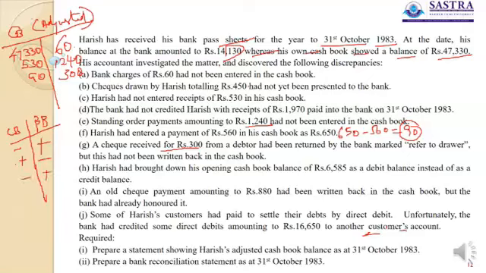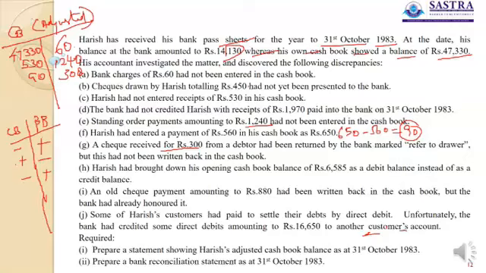as plus in the passbook. Some of Harish's customers had paid to settle their debts by direct debit. Unfortunately, the bank had credited some direct debits amounting to rupees 16,650 to another customer's account. Such direct debit and credit transactions are brought to the notice of the customer only after the bank statement is prepared.